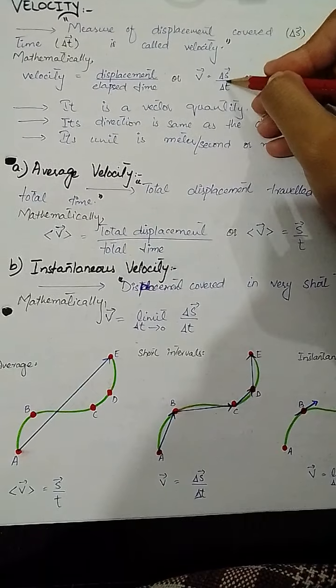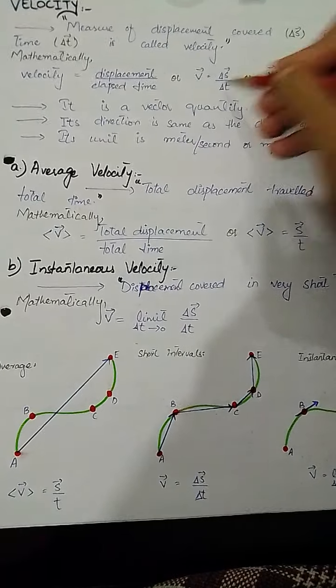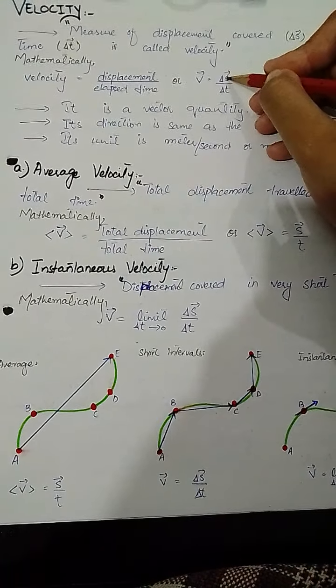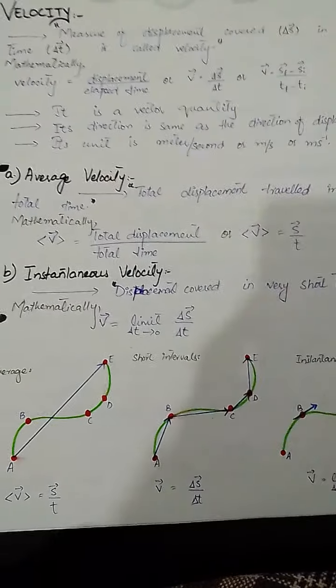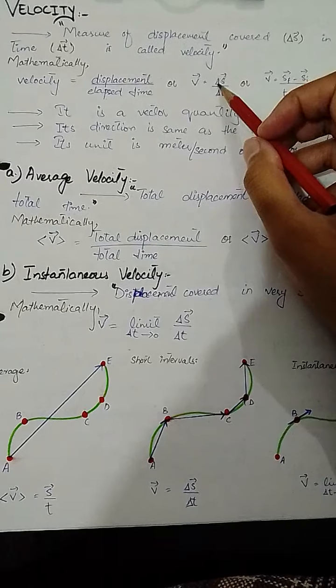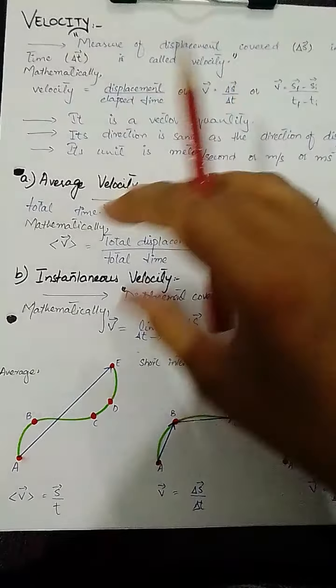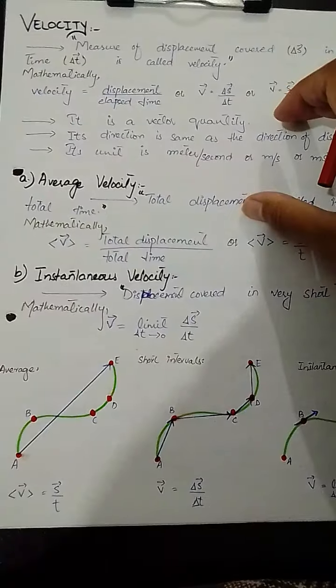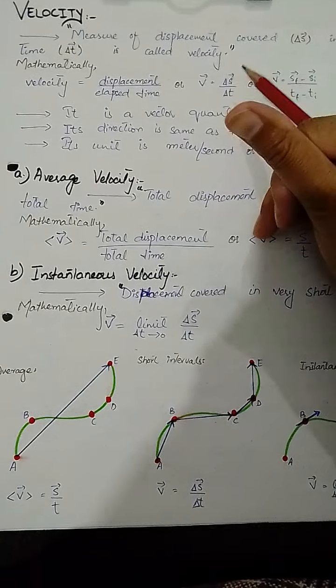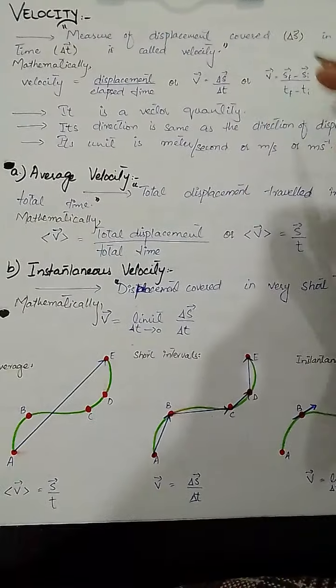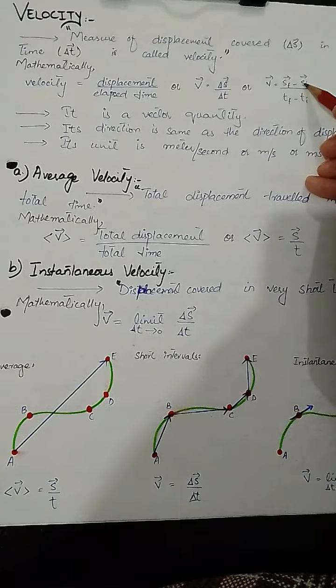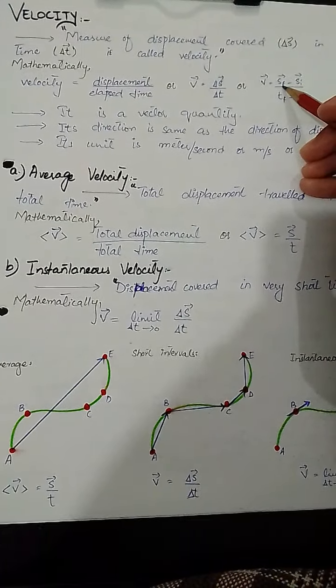Del s vector divided by del t, or we can say change in displacement per unit change in time. Or we can also write it as: del is actually just the change between the initial value and the final value. Or we can say it is just the difference between the starting value and the ending value.